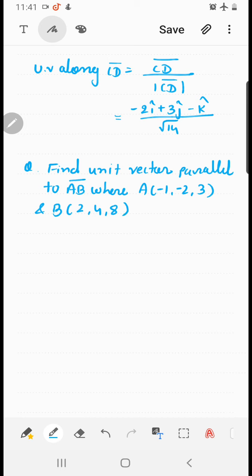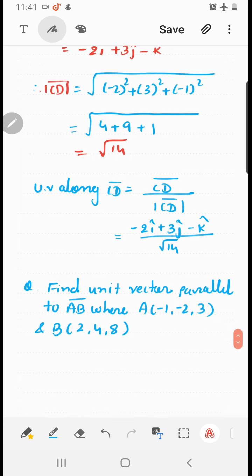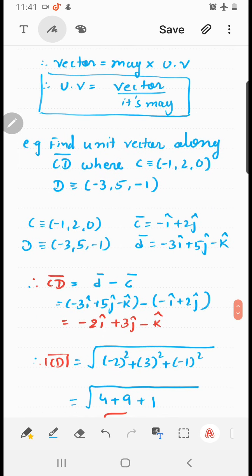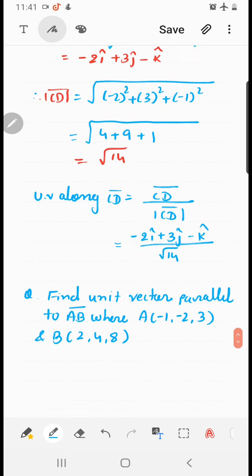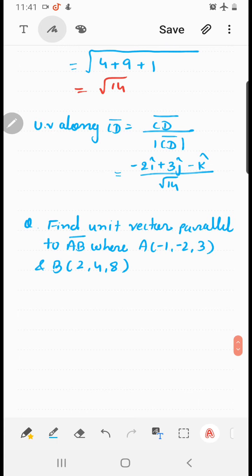Here if you see, there is a very fine difference between the previous sum and this sum. In the previous sum, they asked us to find unit vector along the vector. You should double underline the word along. And in this sum, they want us to find unit vector parallel to a vector. You double underline the word parallel.